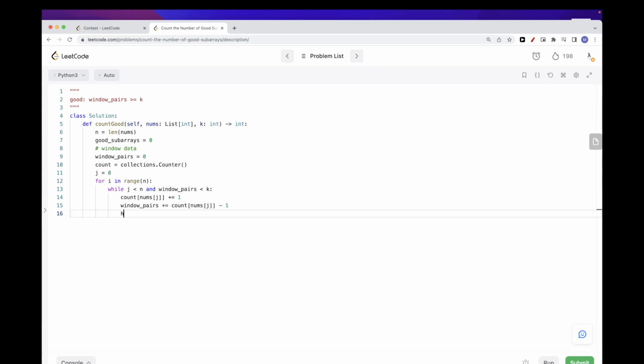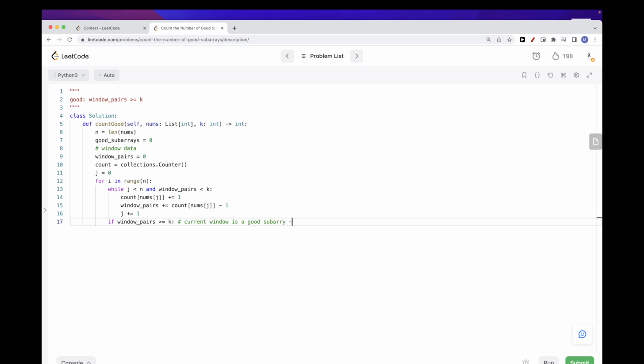And so here we want to increment J, of course, because we just used this number. And now we exit this while loop. Either this was because it's bigger or equal to K, or we reached N and we didn't find enough pairs. So here we will check if we found enough pairs, right? This means that the current window is a good subarray.